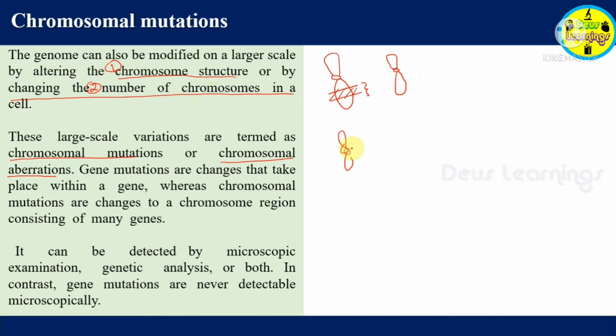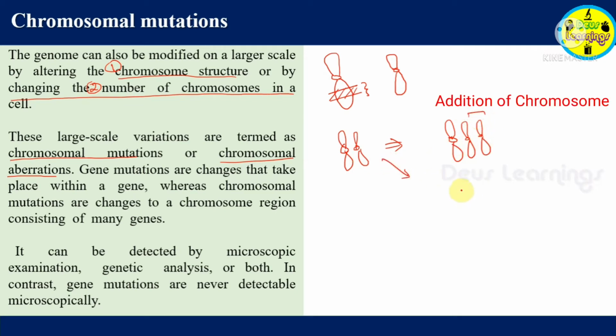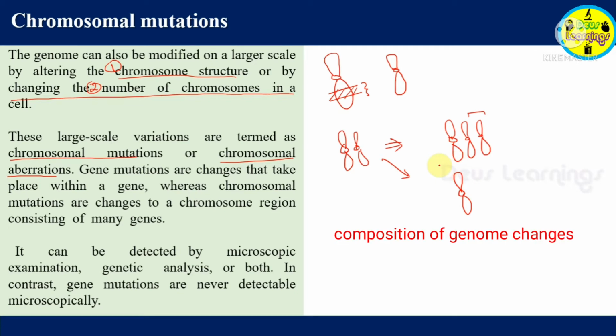For example, we have a pair of chromosomes and an additional chromosome adds, so now you have an extra chromosome, or it can be a deletion, so you have a single chromosome. These kinds of changes bring a different outcome, because of which the whole system will vary.